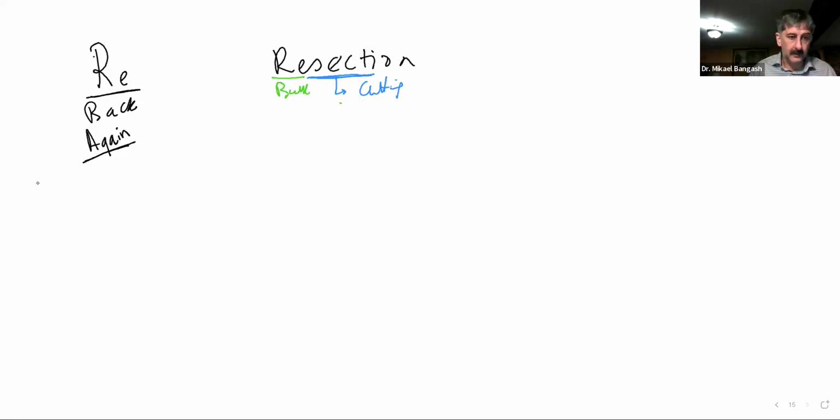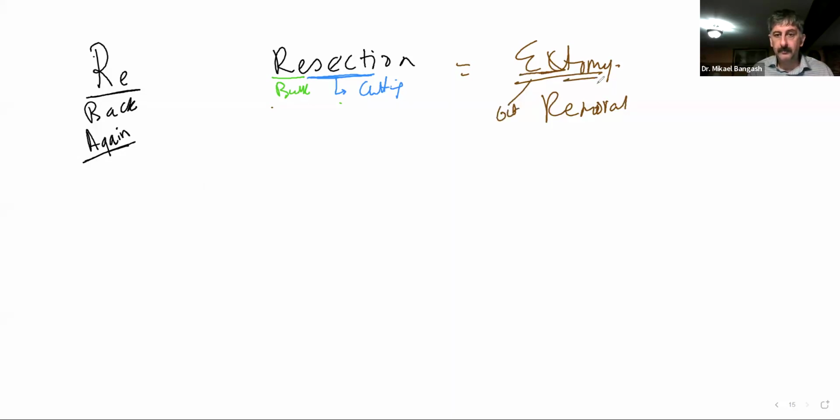But please keep in mind, guys, the term resection is going to be the same as ectomy, which means removal of, or out and cutting. So whenever you see the word resection, it means the same as ectomy.